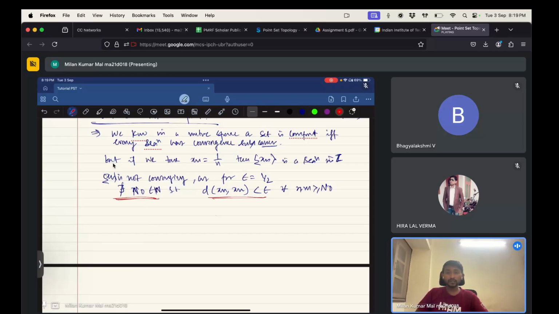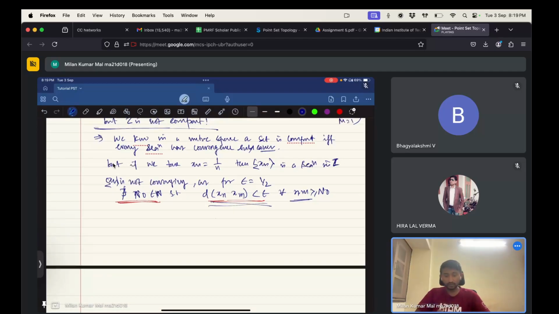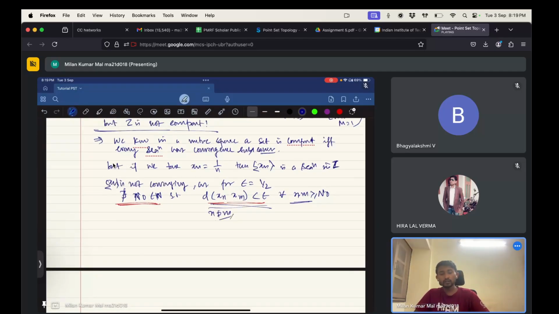Why is this not happening? Because if n and m are different, then d(xn, xm) will be 1. If I take n not equal to m, then d(xn, xm) is equal to 1, which is obviously not less than 1/2.